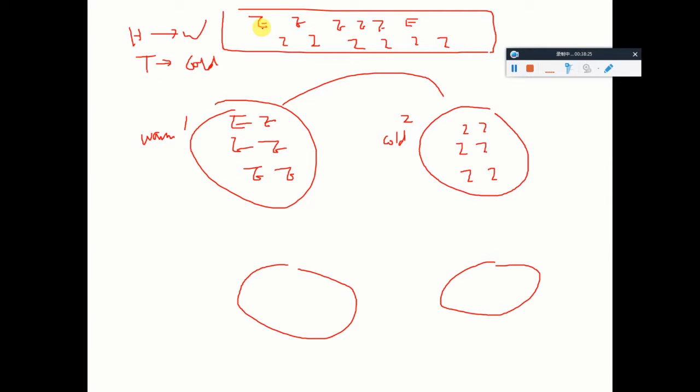So get a heads, so this will go here. Turns out that the second time you flip a coin, you have a tail, so you get an introvert. Third time you have another tail, you get another introvert. But then for the next few times, you have heads, and a tail.